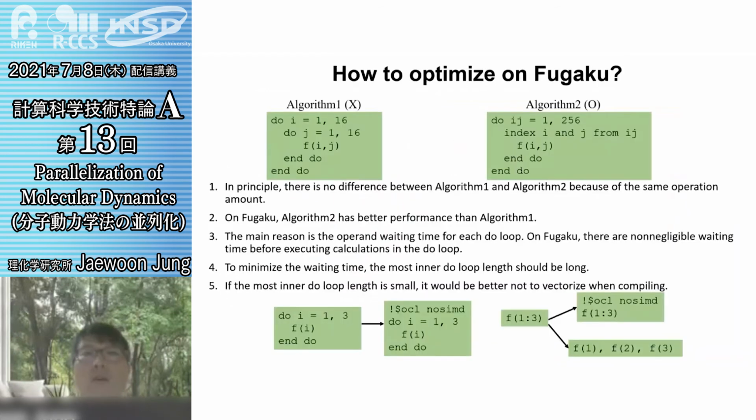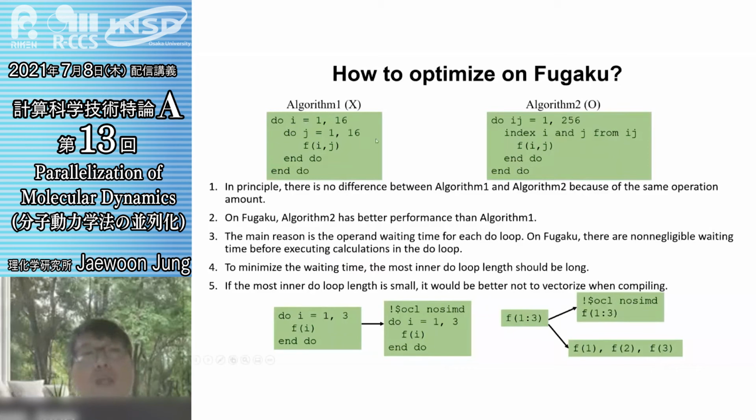One is that the optimization of Fugaku is quite different. So here I'll show two examples. Two loops of i and j, i is from 1 to 16 and j is 1 to 16.